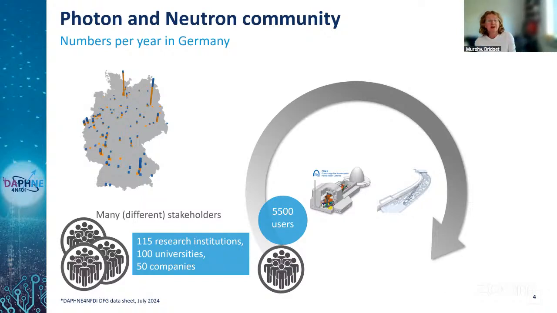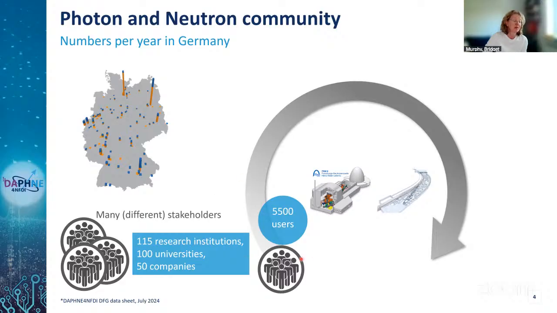So how is our community built up? Because we're quite unusual in that we are people who are working at all different locations, but what brings us together is that we use large-scale facilities. So the stakeholders are basically 115 research institutions, over 100 universities, and about 50 different companies.